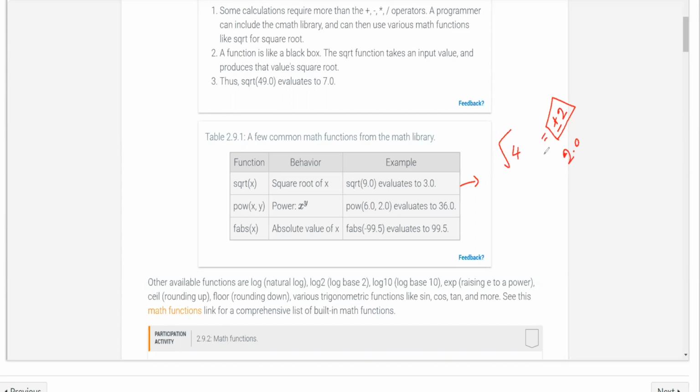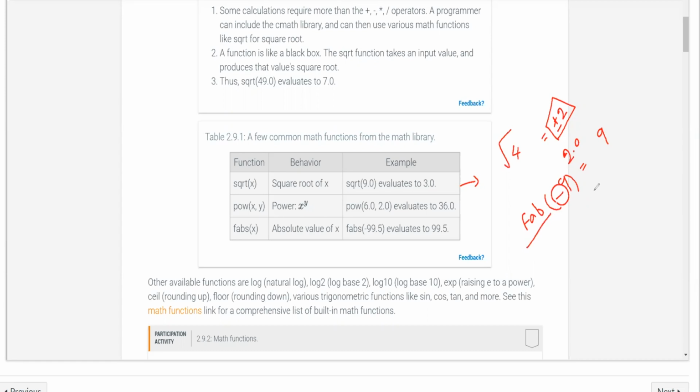If I really want to calculate only the positive values, there's another function called fab. For example, if I take fab, the absolute value of this, it will return only 9. It cuts off the negative sign right here. So it is called the absolute value, and in a computer we use the function fab for that.